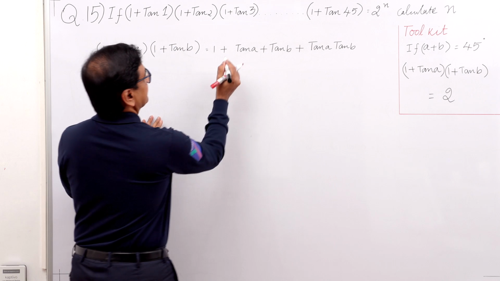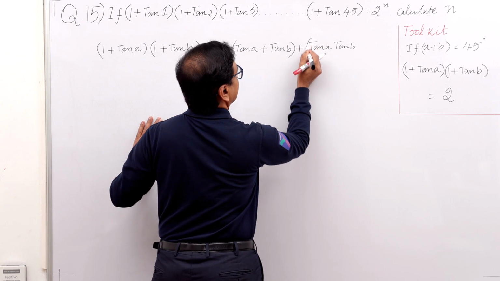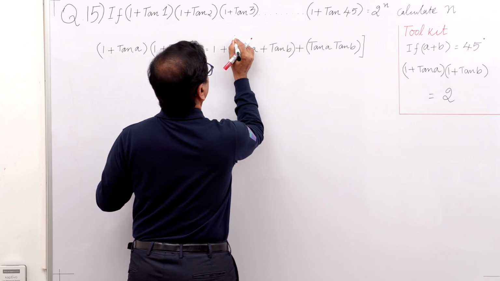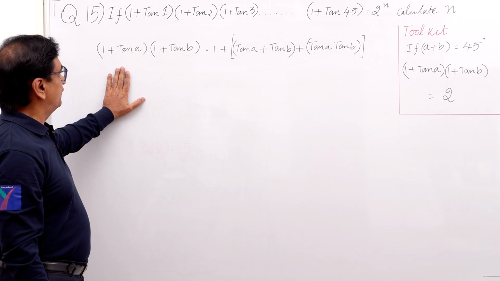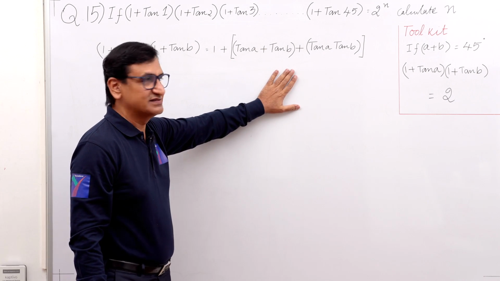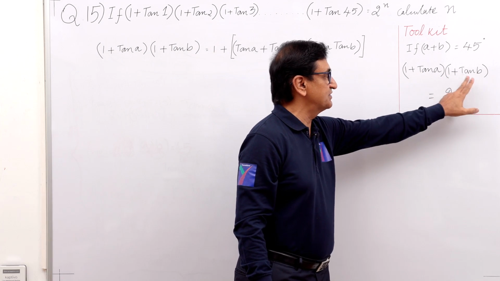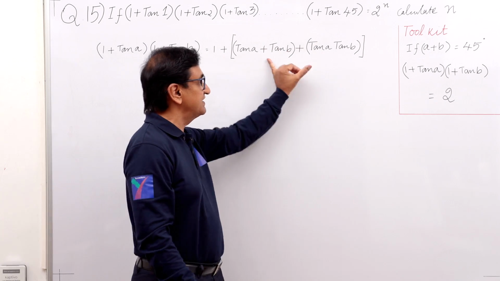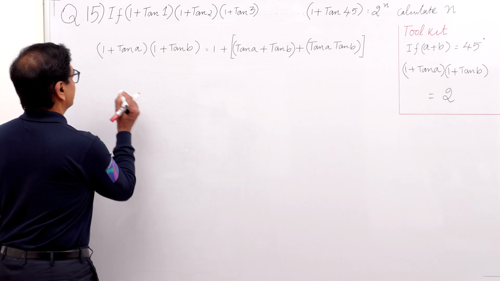Now let me put a set of brackets here: one bracket here and another here, and the whole thing included in a large bracket. So this is of the form 1 plus something, but at the same time this is 1 + tan a + tan b + tan a tan b. So we have 1 plus something, and we have to prove that this something is 1 when a + b is 45.